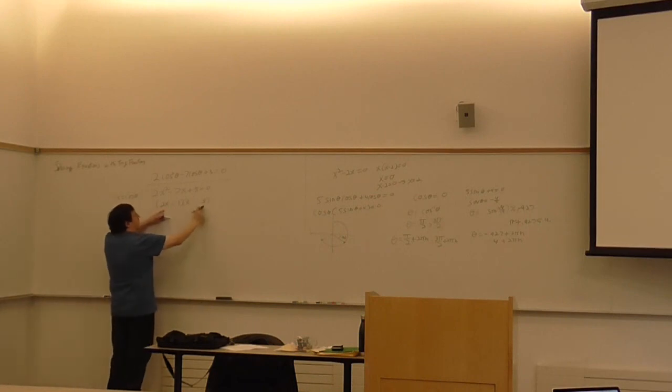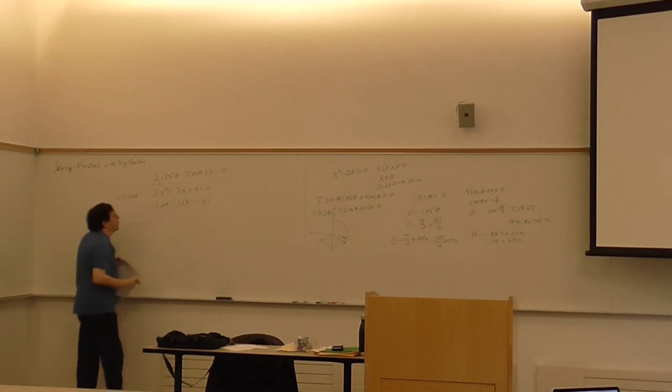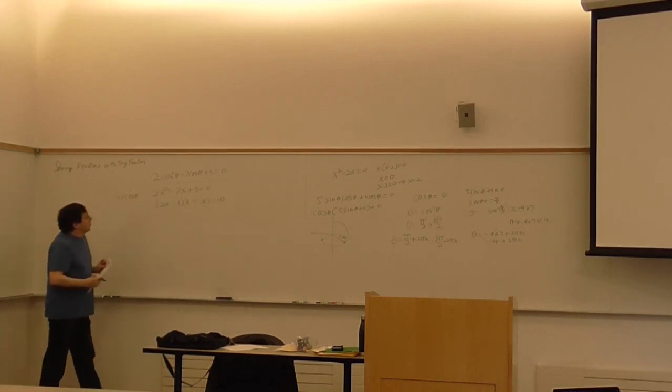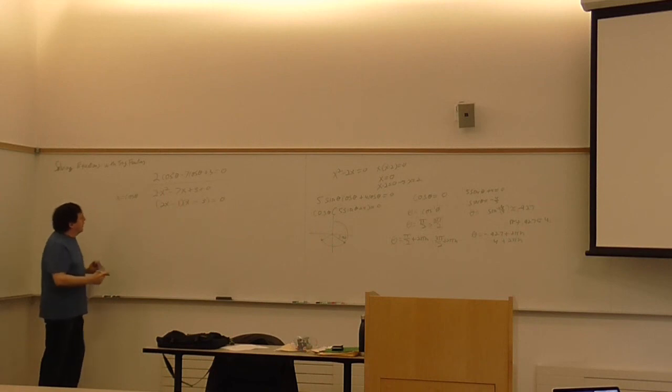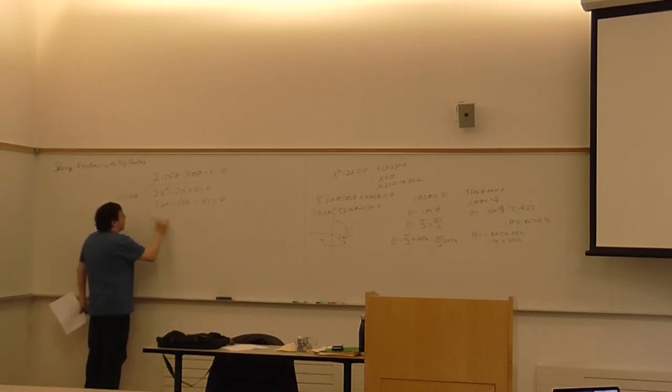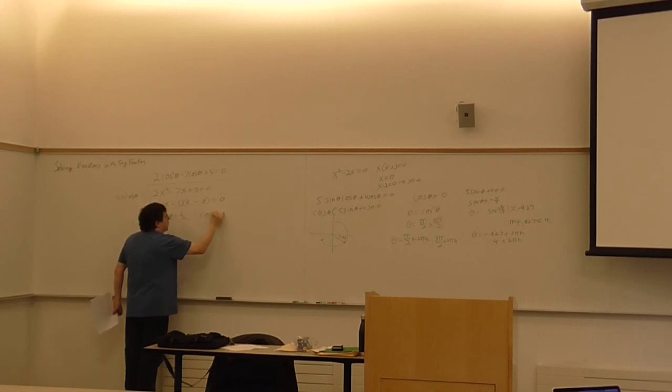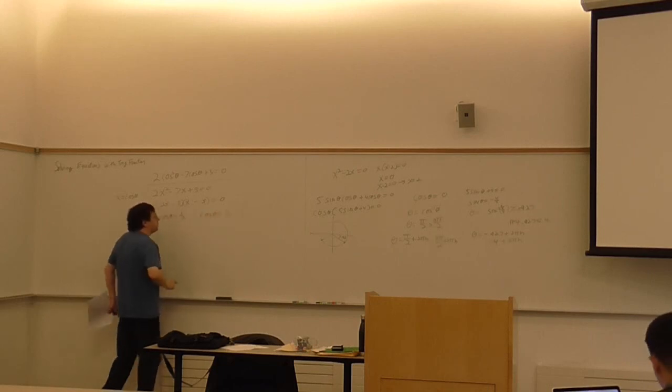Minus 2 times 3 is 6, plus minus 1 is minus 7. So we're going to get out of this x, or cosine theta, equals 1/2, or cosine theta equals 3.